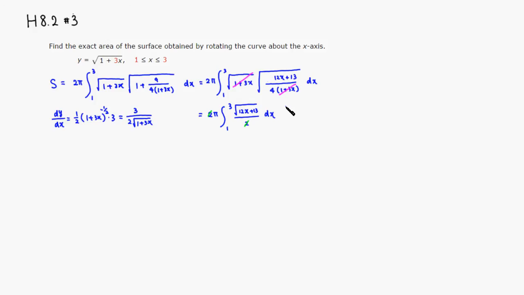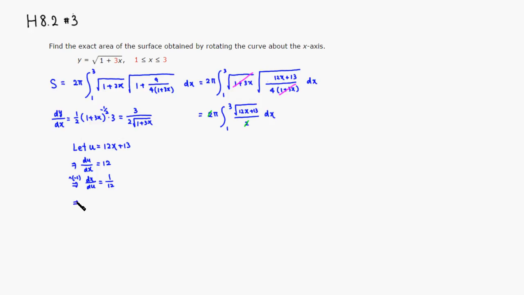If you want, we can use a substitution. Let u be 12x plus 13. Then take the derivative of u with respect to x, that's going to be 12. Then take the reciprocal of both sides: dx over du is equal to 1 over 12.